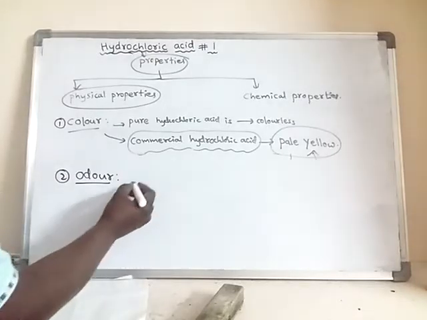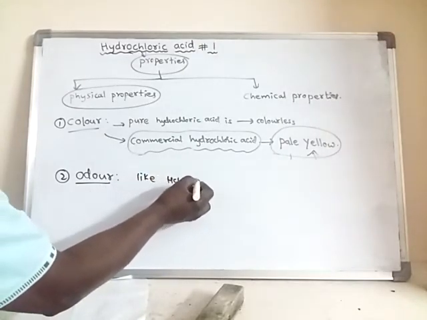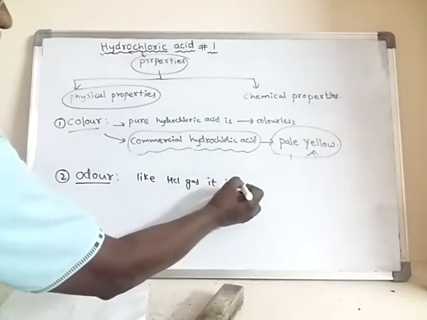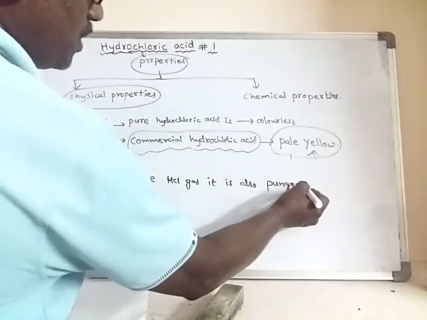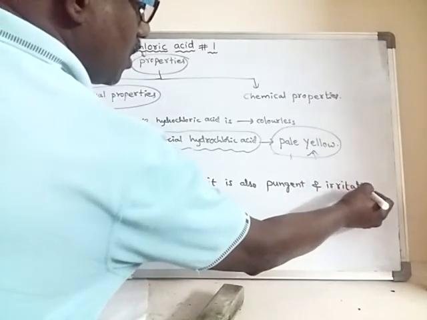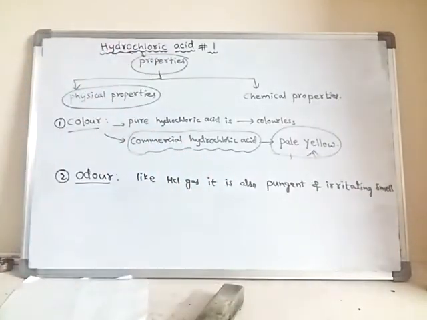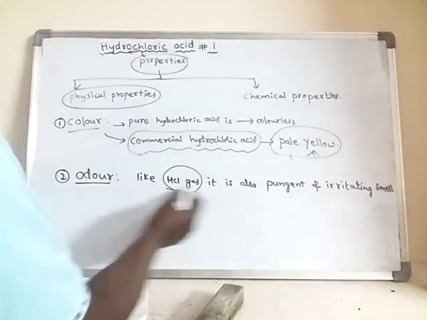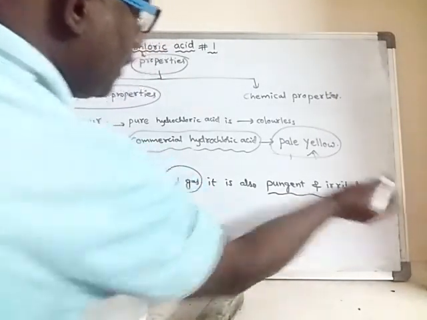Like HCl gas, it also has a pungent and irritating smell. Like how we have seen HCl gas, in the same way even hydrochloric acid has a pungent and irritating smell.